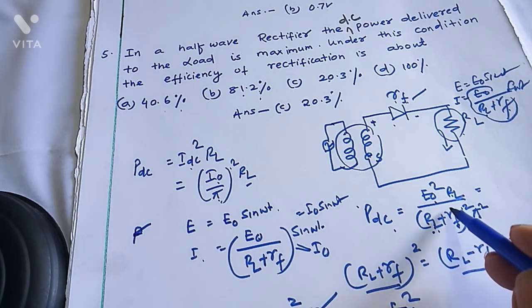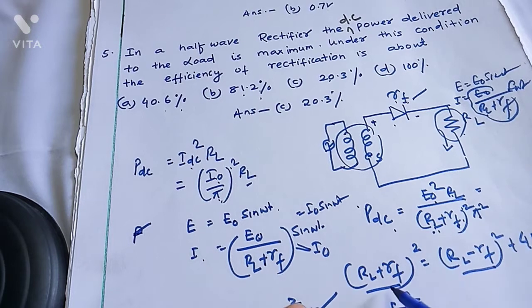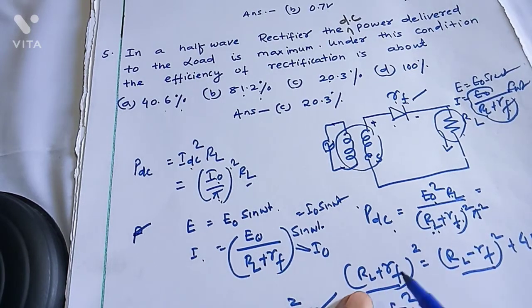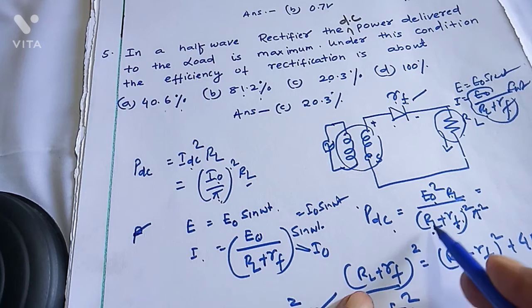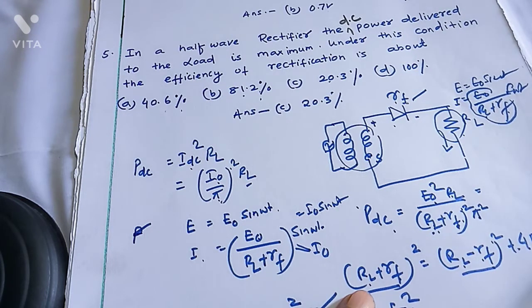Now under what condition is DC power maximum? When the denominator term (RL plus RF) is minimum. We can also use the differential method, but if you analyze this, (RL plus RF) whole square is (RL minus RF) whole square plus 4RLRF.